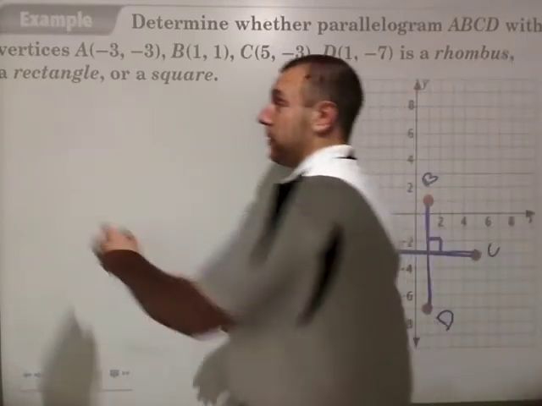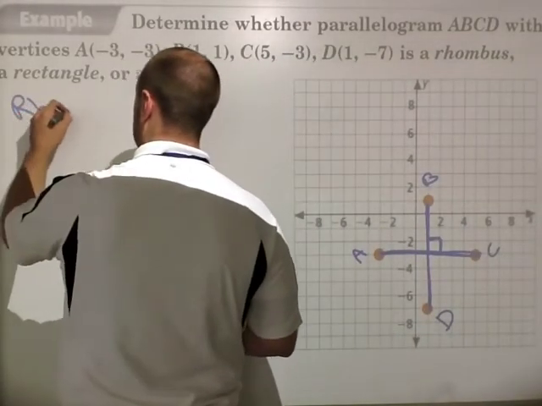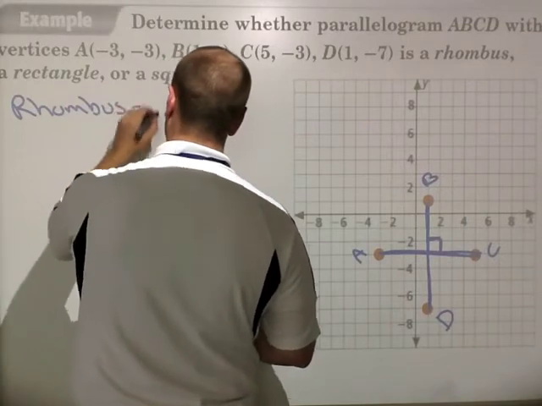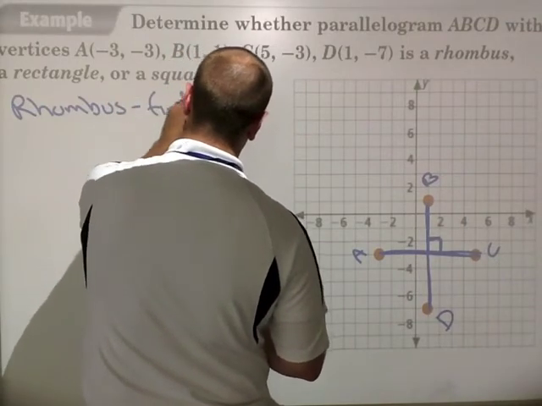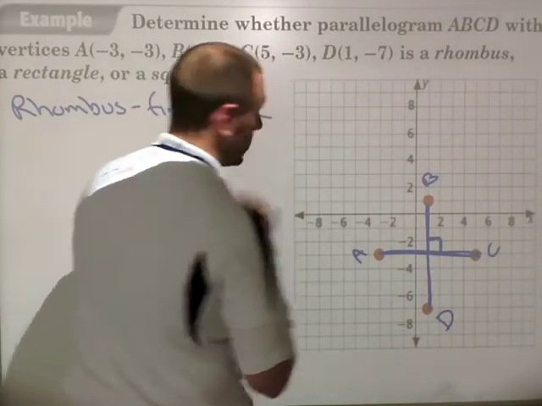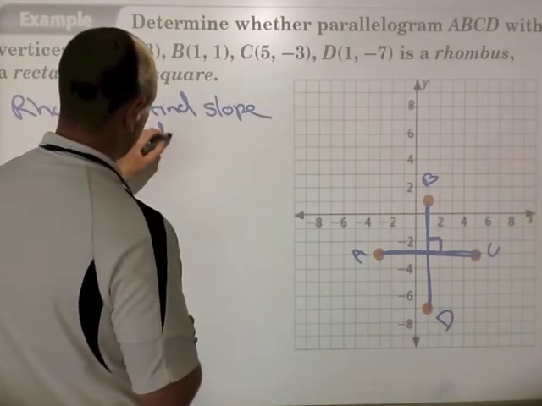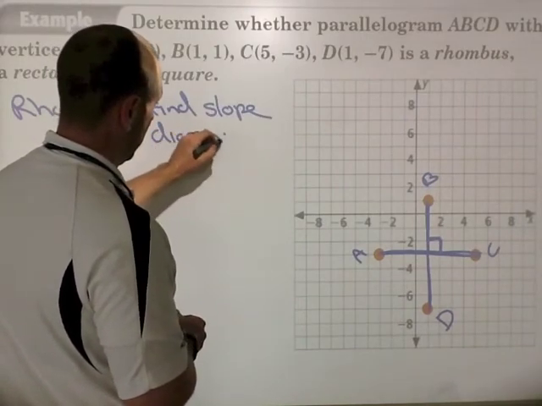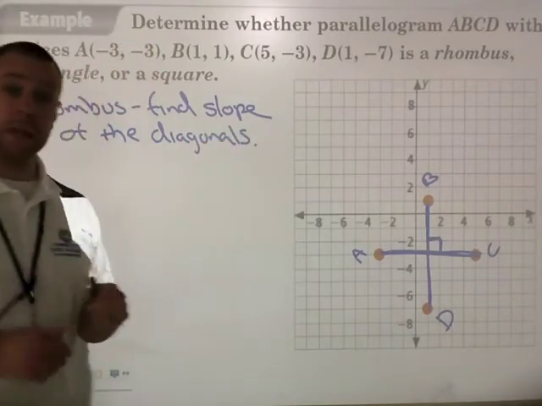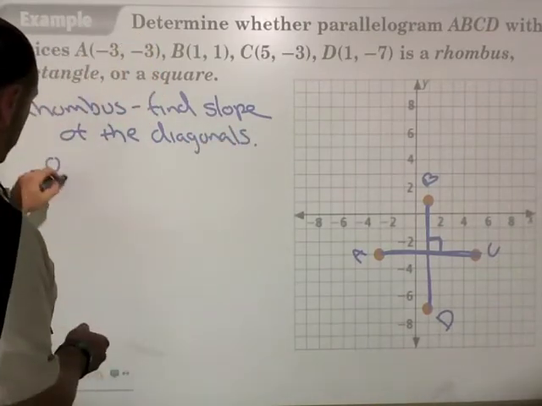So, to check for a rhombus, find the slope of the diagonals.